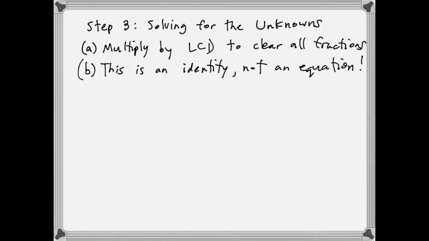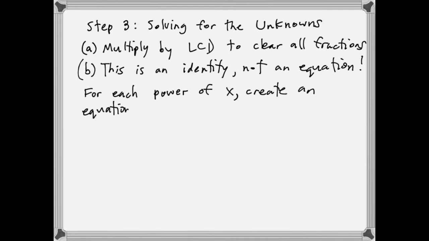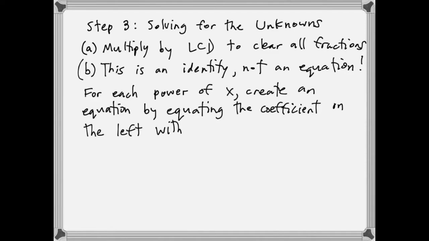So I'll explain what that means later, but what I want you guys to do is for each power of x, create an equation by equating the coefficient on the left with the coefficient on the right.